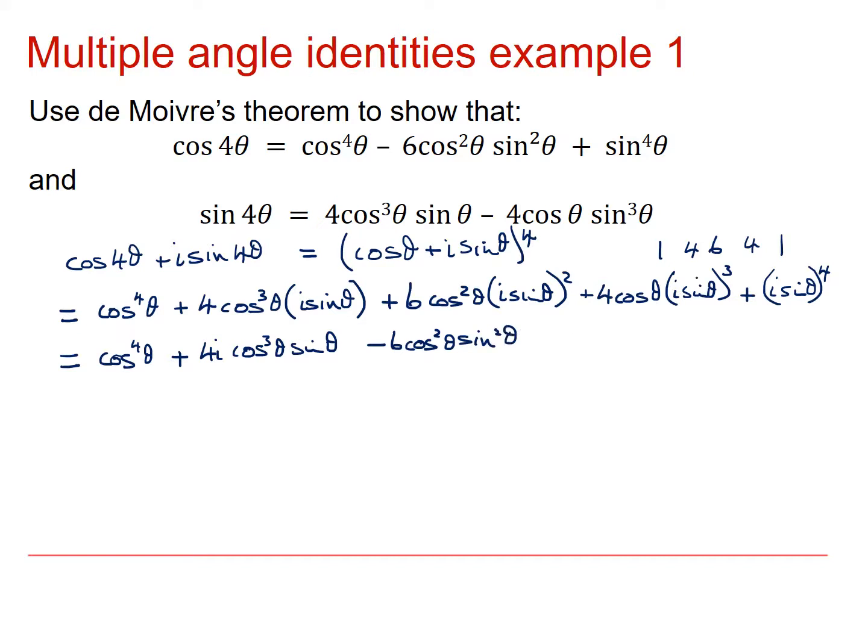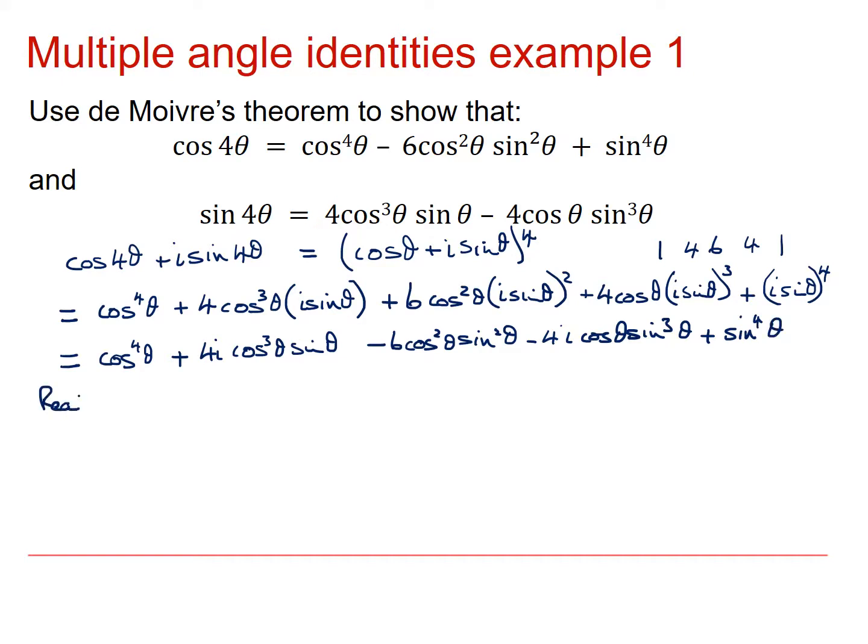I cubed in here, so that's going to give me minus i, so this is minus 4i cos theta sine cubed theta. And finally I'm going to get an i to the 4, which is just 1, so I just get plus sine to the power 4 theta.